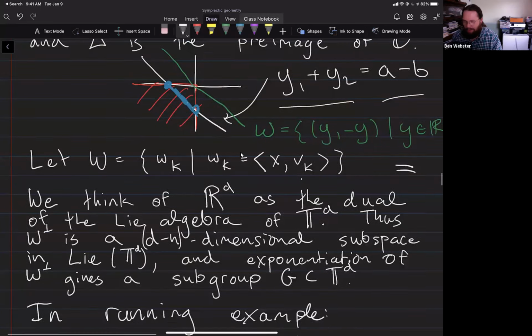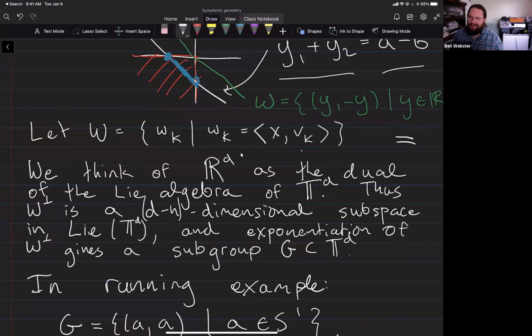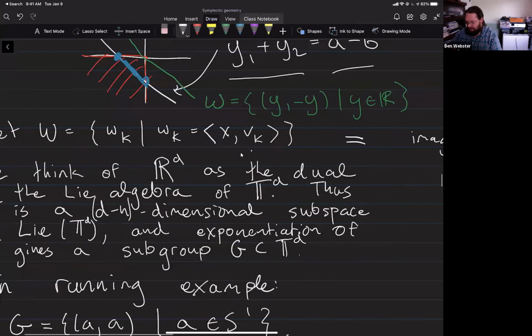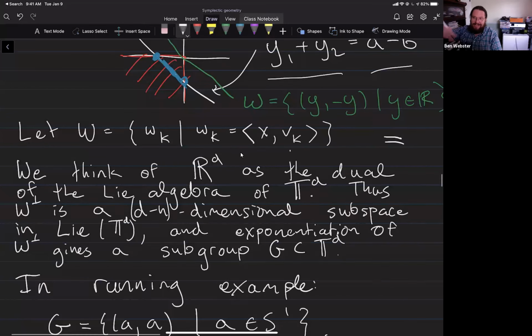So where does this get me? This is kind of an interesting thing to do. Well, I think of R^d as actually being the dual of the Lie algebra of T^d, so taking the dth power of S^1. As I mentioned before, somehow the same ideas keep coming back here.